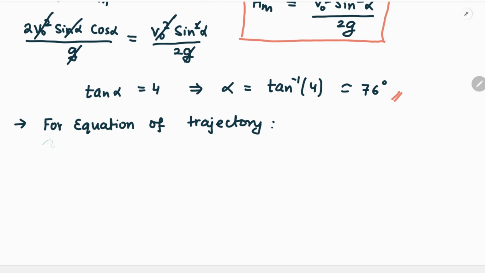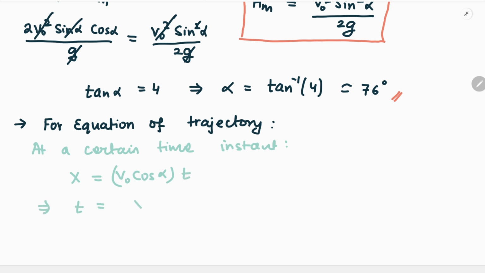So at a certain time instant, displacement along x-axis equals v naught cos alpha t. From here we can write t equals x upon v naught cos alpha.